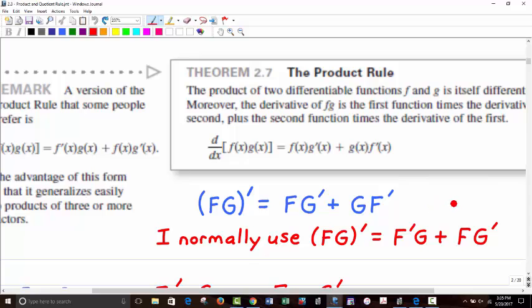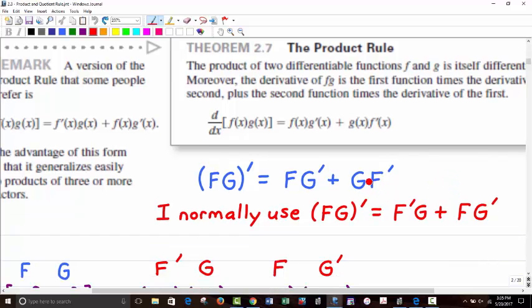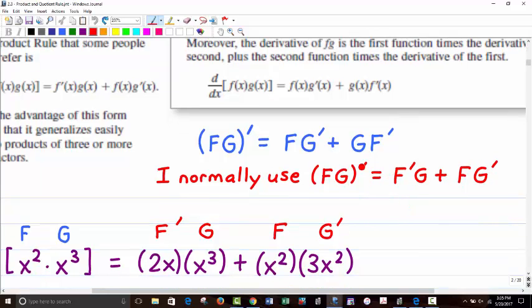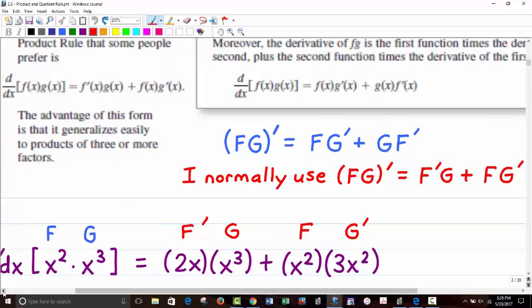It's the same thing. So you'll see in the examples I do, I often work it this way. But obviously, the original form is correct also. Both of these are correct. So I often treat the product rule as f prime g plus fg prime. Like I said, you can obviously do it the way it's originally defined.